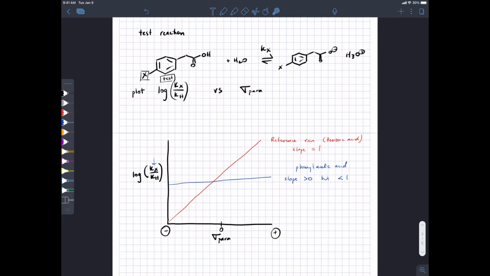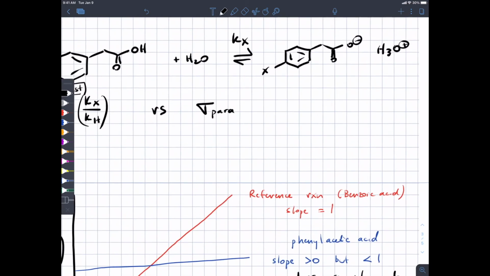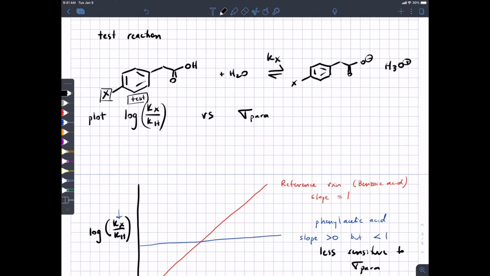Less, right? Because as you change the Hammett parameter, the value of this equilibrium constant difference doesn't change as much. Okay, is that consistent with what we expect? It's less sensitive to the sigma parameter. Can you explain to me why that might be the case?